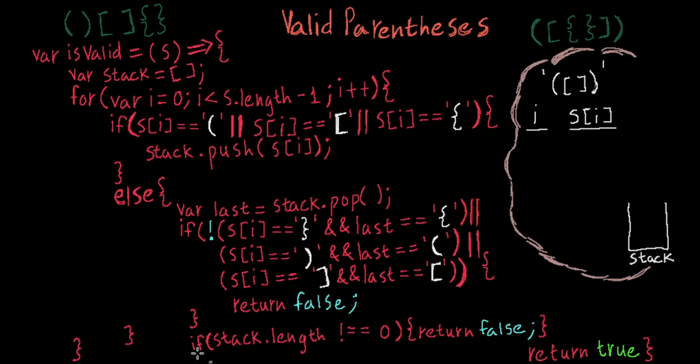Now, outside of my for loop, I have this condition: if stack.length is not equal to 0. What that means is, if after having traversed my input string, I see that the stack still has an opening parenthesis, and remember, the stack only holds the opening parentheses. So if the length is not 0, that means there are one or more parentheses still remaining in my stack.